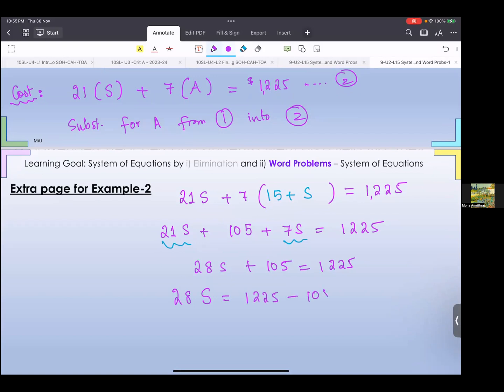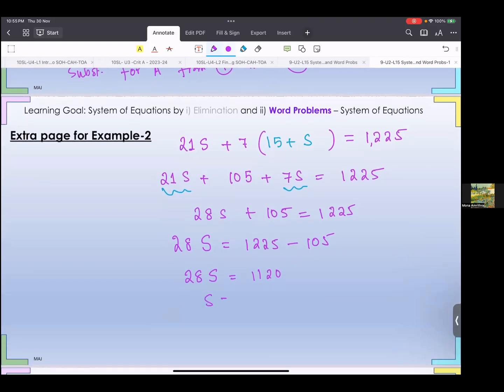Take away 105 from 1225, and that gives me 28S is 1120. And S is equal to that divided by 28, which is 40.